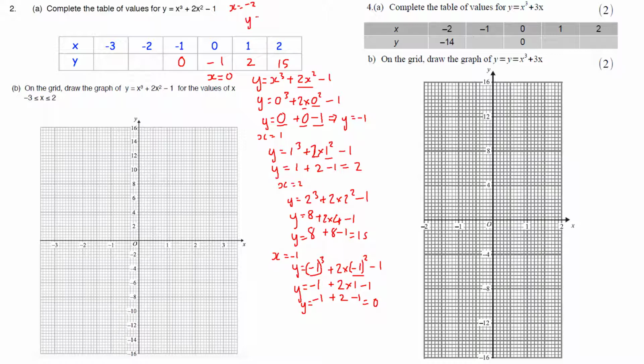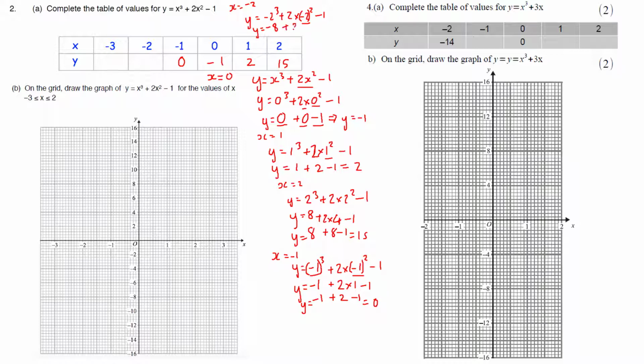So y equals minus 2 cubed plus 2 times minus 2 squared. I'll just keep that in the bracket, minus 1. So minus 2 cubed, minus 2 times minus 2 times minus 2 is minus 8. But minus 2 squared is going to be 4.